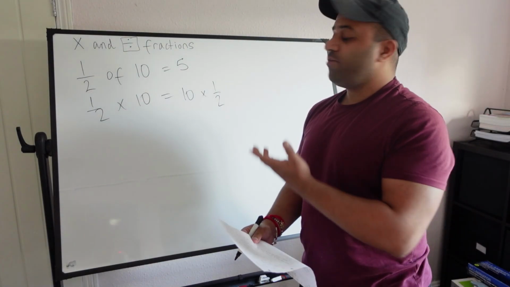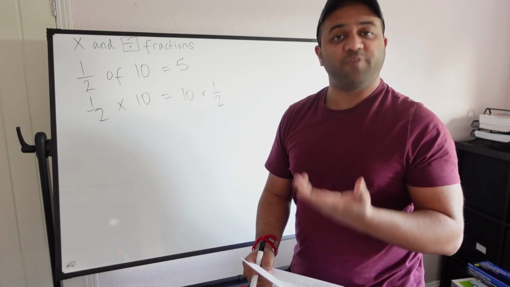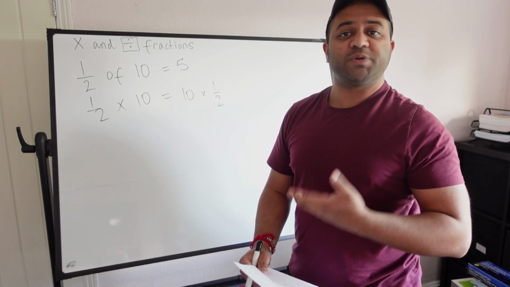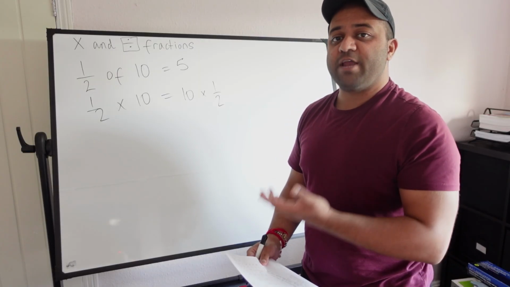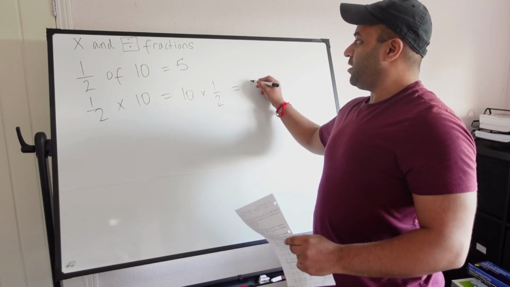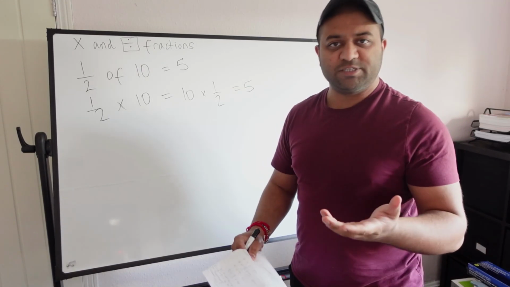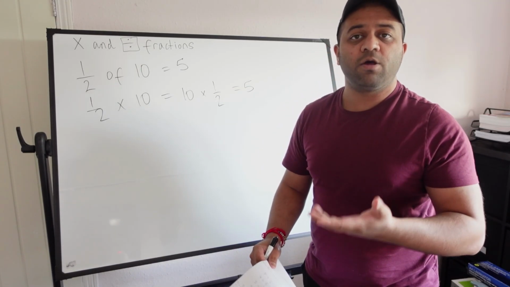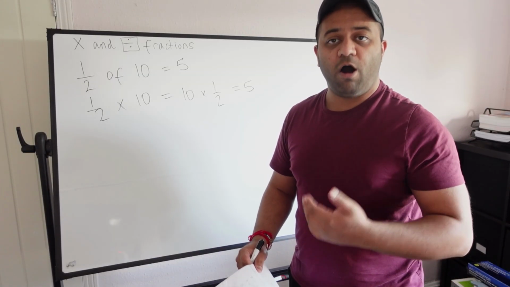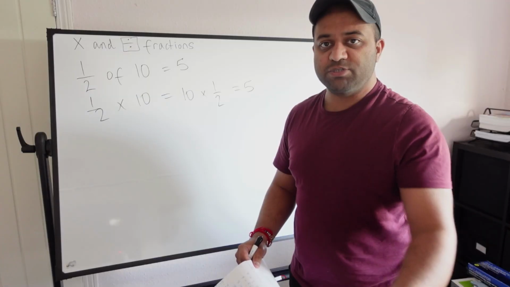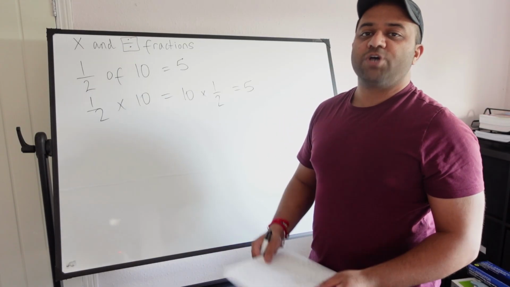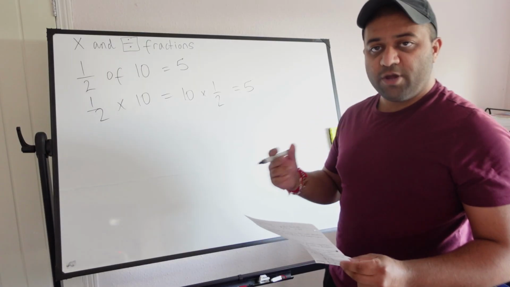So we have half of 10, which we know is 5, which is equivalent to half multiplied by 10, and because we can swap multiplication, we have 10 multiplied by 1/2, which is also 5. And we can visualize this if we have 10 lots of the number 1/2. So if we were to add a half plus a half 10 times in a row, we could get the value of 5 that way. So let's take a look at another example.